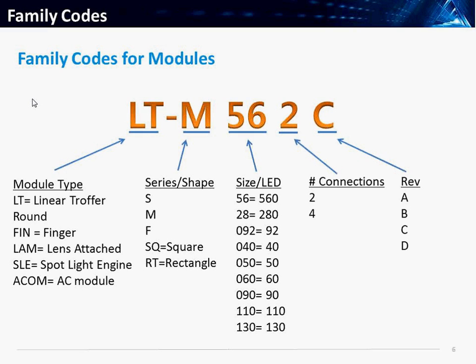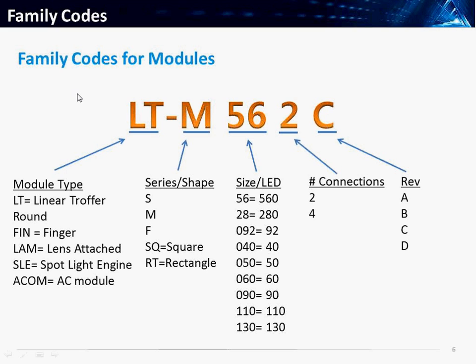The size is, if it's like a linear board, the size of the linear board. Or finger board, the actual number of LEDs on there, so it'd be like a LAM32 or LAM30. Then the number of power connections. In some cases, that might actually be a different version of that board, maybe it's incoming power or something. And then finally, the last is the rev.